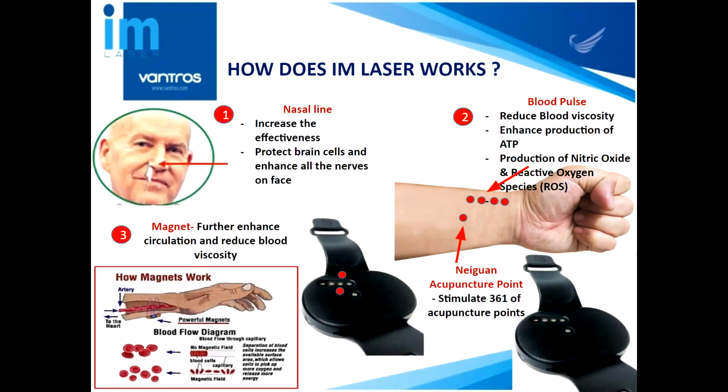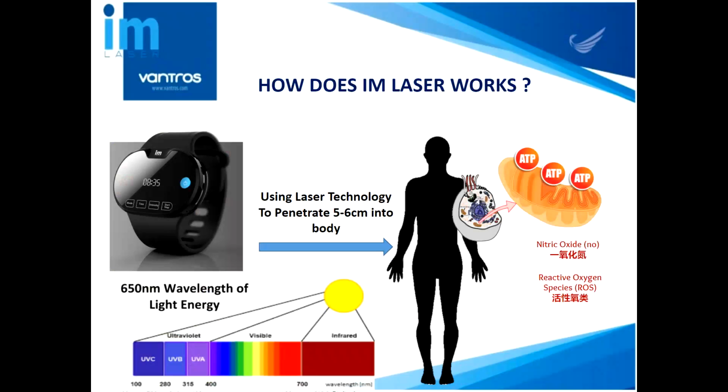Okay. And how does this thing work? Just the lights. What are these lights? You call it cold laser. When people hear about laser, it is normally hot laser, which is for cutting. If we are exposed to hot laser, it will damage our cells. But cold laser, the opposite of hot, is for repairing. It actually comes from the 650 nanometer wavelength of light energy.